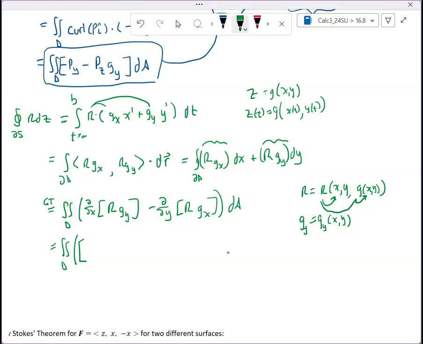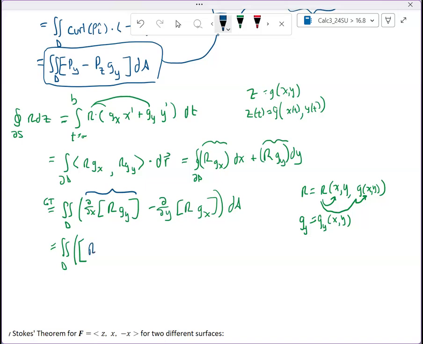Okay, so this first bit here, let me maybe do this part in blue. I have a product rule here. I have two functions that depend on x, R and gy. So I need to use the product rule. So I differentiate R with respect to x.